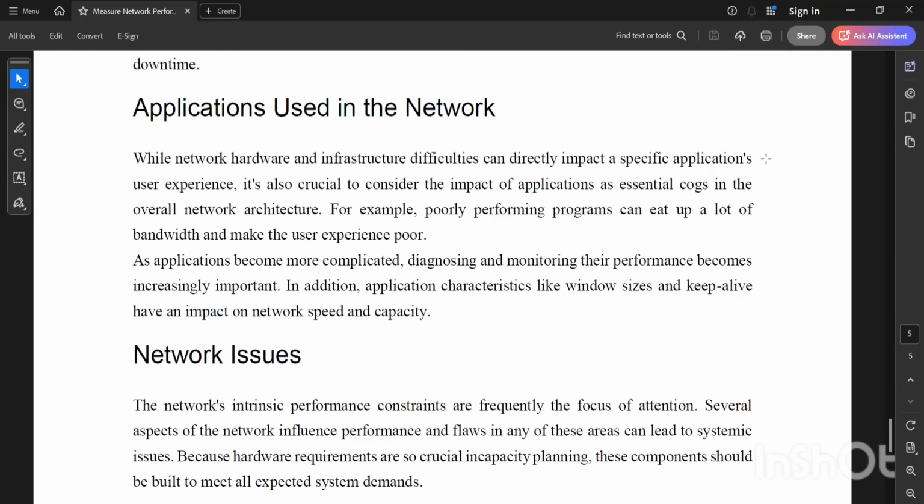For example, poorly performing programs can eat up a lot of bandwidth and make the user experience poor. As applications become more complicated, diagnosing and monitoring their performance becomes increasingly important. In addition, application characteristics like window sizes and keep alive have an impact on network speed and capacity.